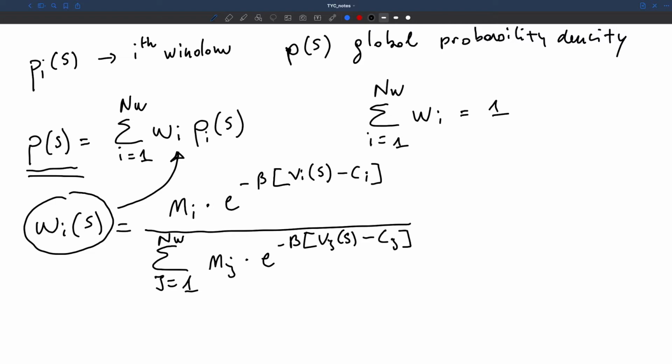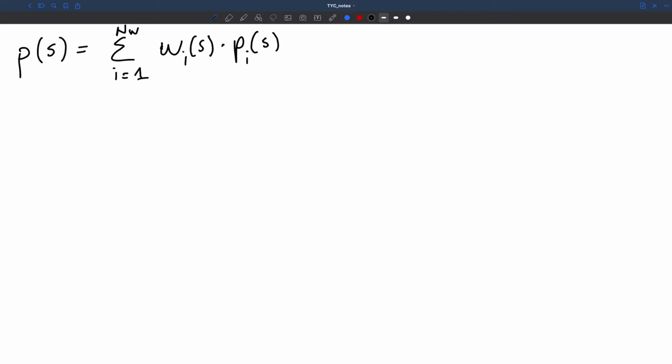If we do that, the global probability density P of S becomes a sum that runs for i from 1 to n, the number of windows, of the weight in the separate windows.